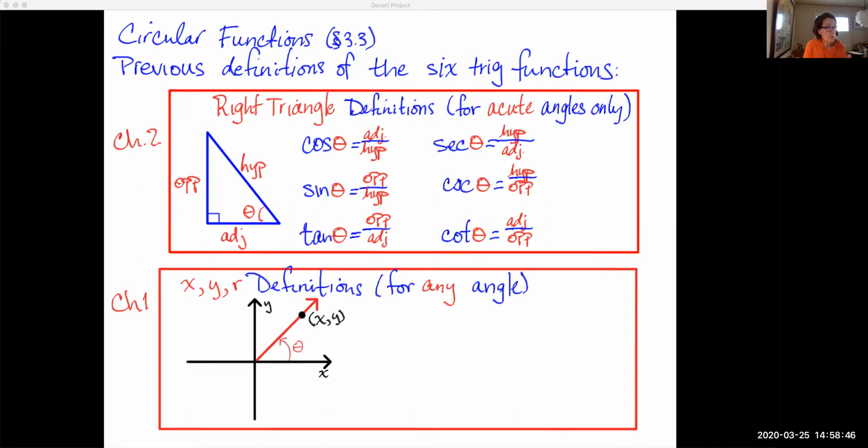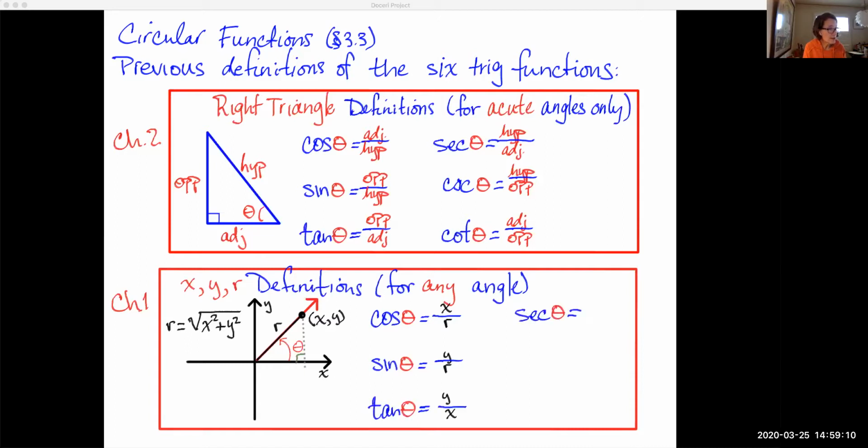We said take a point on the terminal side of the angle, and then you can define r to be that distance from the origin to that point, and that's the square root of x squared plus y squared. And then we said, cosine is x over r, sine is y over r, tangent is y over x, etc. Those definitions we learned in chapter 1.